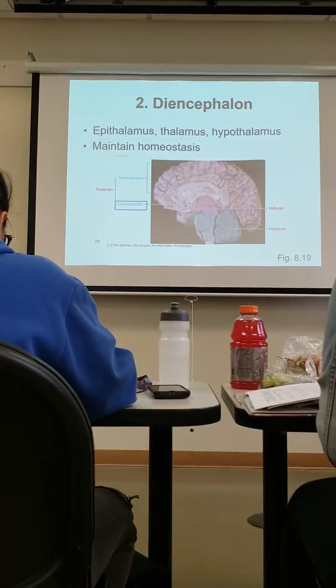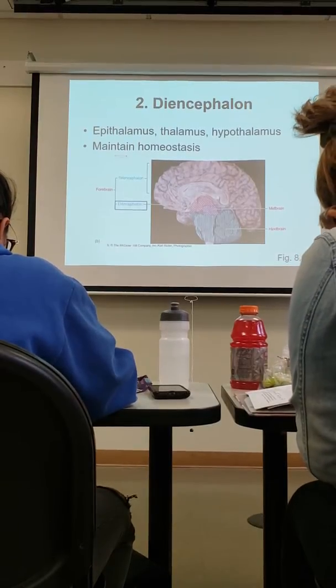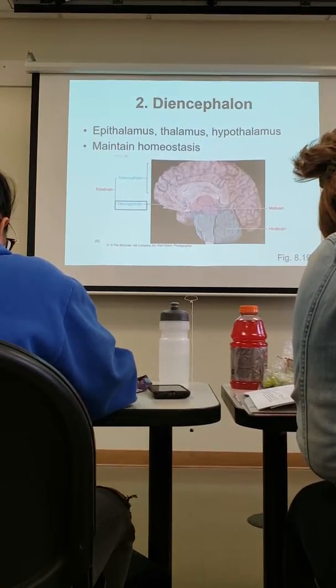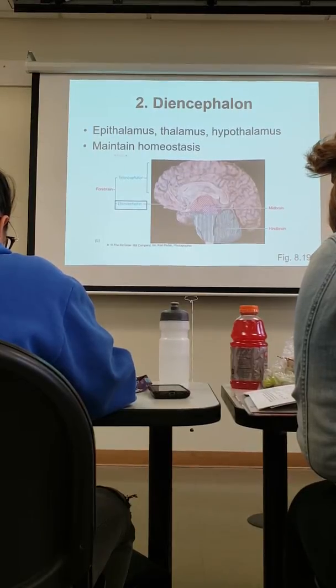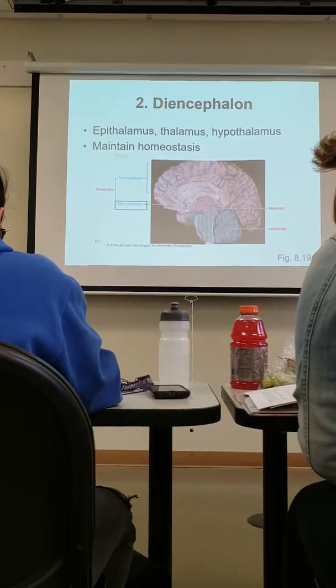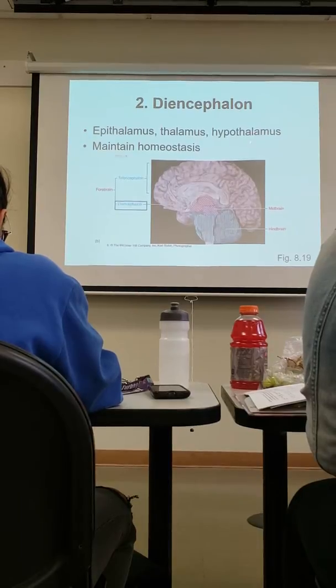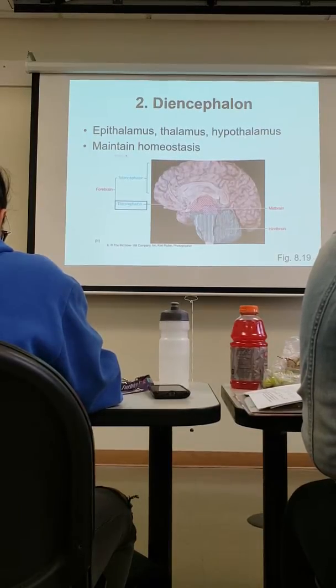Other things we need to maintain homeostasis of are your hunger and your thirst, monitoring those levels. And we'll see in the next lecture, regulation of hormones. Hormones play a huge role in making sure your body is balanced. So the hypothalamus is key in helping regulate hormones, which is again a big portion of your homeostasis.